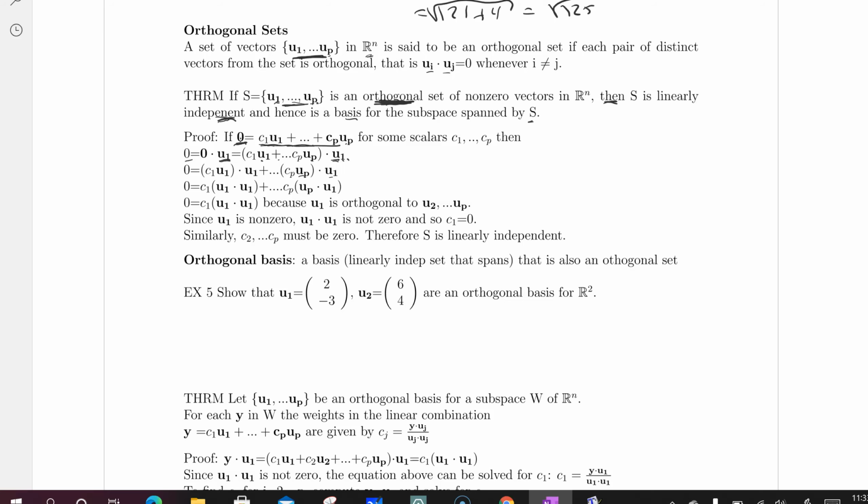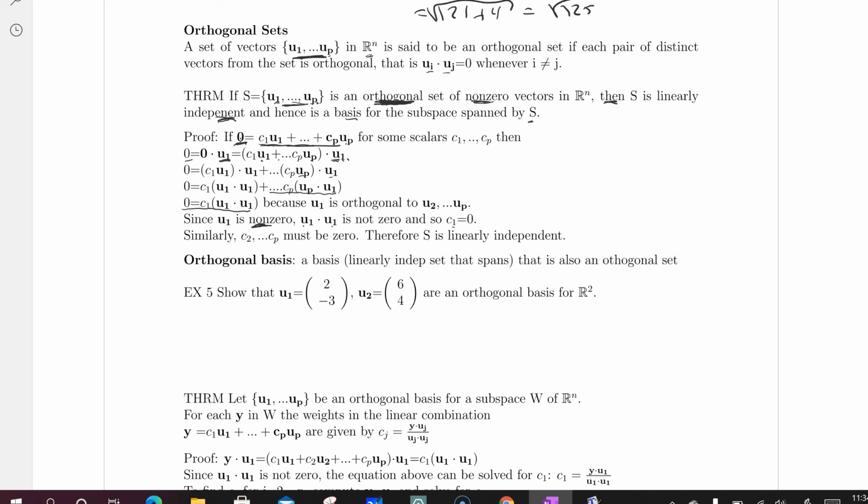All of these will give me 0, because U1 is orthogonal to every single one of the other vectors. So all of these other terms are 0, and I end up with this statement here. And U1 is non-zero, because it's an orthogonal set of non-zero vectors. U1 is not the 0 vector, so that means U1 dot U1 is not 0. So c1 is 0.